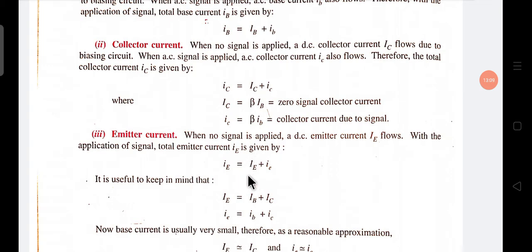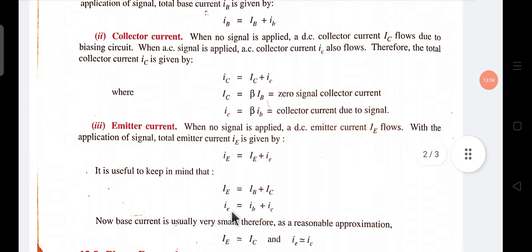This DC IE is when there is no signal applied, due to the biasing of the circuit, and this small ie is due to the AC signal applied to the circuit. It is useful to keep in mind that IE equals IB plus IC. Similarly, small ie equals small ib plus small ic.